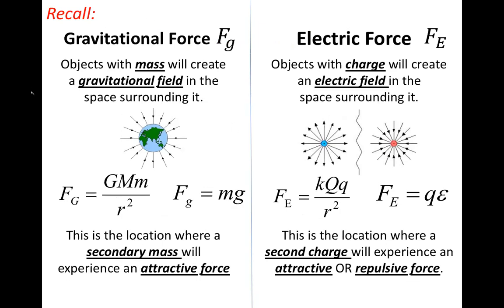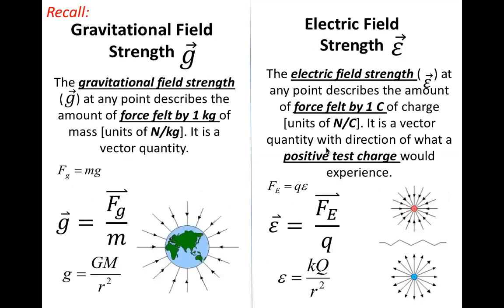In gravitational force, we were talking about masses. Electric force, we were talking about charges. So comparing field strength, the field that creates these forces, we can rearrange the force equations to get an equation for electric field strength or gravitational field strength. Gravitational field strength is the force per unit mass.